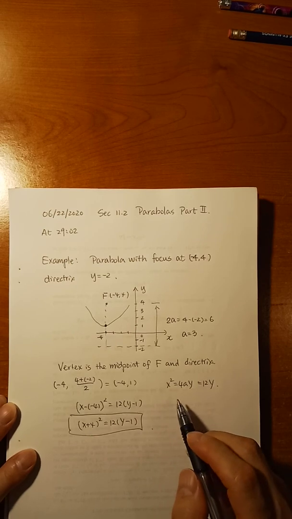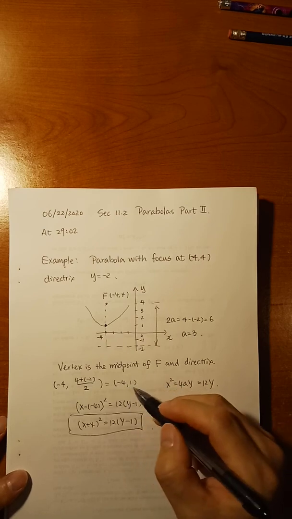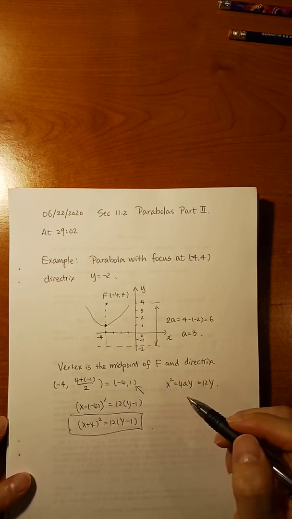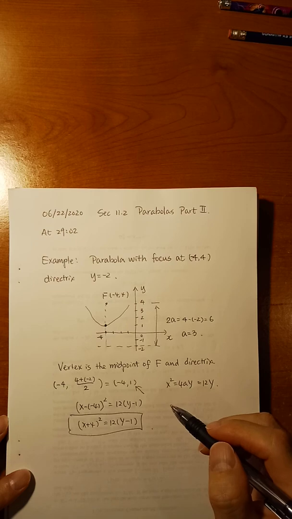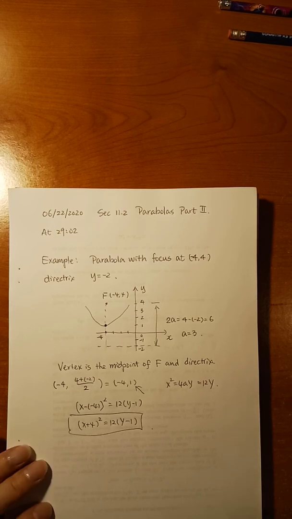In the original video, I drew the graph correctly, but I wrote this vertex wrong. So I'm sorry for that. And this mistake was found by Valeria. Thank you, Valeria. Okay, so this is the first one.